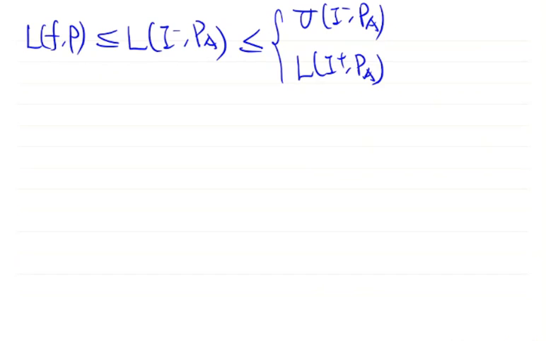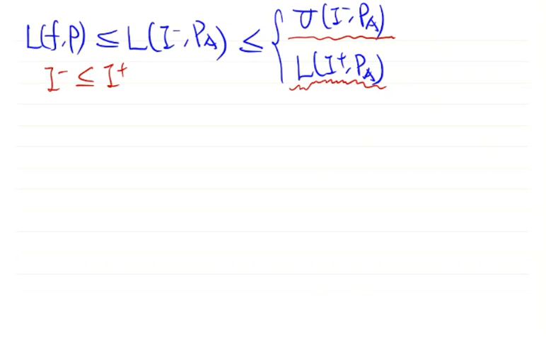Okay, so this part, upper sum, because for the same function and the same partition, the lower sum will always be less than or equal to the upper sum. So L less than or equal to U is automatically true. And for this part, it is because I minus is not greater than I plus.